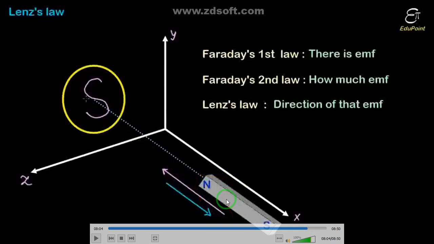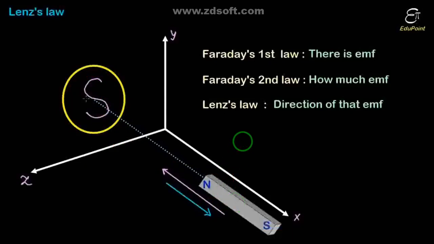Due to the magnet, the current is produced, the produced current produces a magnetic field, and the produced magnetic field again opposes the magnet. That means this is the cause and this is the result. The result always opposes the cause. That is Lenz's law.